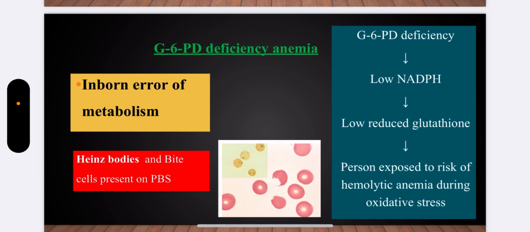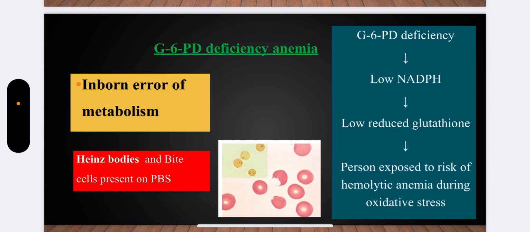Second example of hemolytic anemia is G6PD deficiency anemia, meaning glucose 6-phosphate dehydrogenase deficiency anemia. It is an inborn error of metabolism in which there is deficiency of the enzyme G6PD. This enzyme is involved in the HMP shunt, your hexose monophosphate shunt.